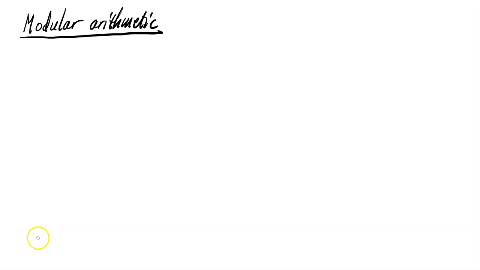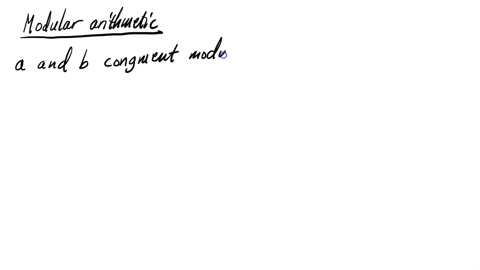Modular arithmetic is a useful tool in number theory, so we will study it a little bit more here. You say that A and B are congruent modulo n.